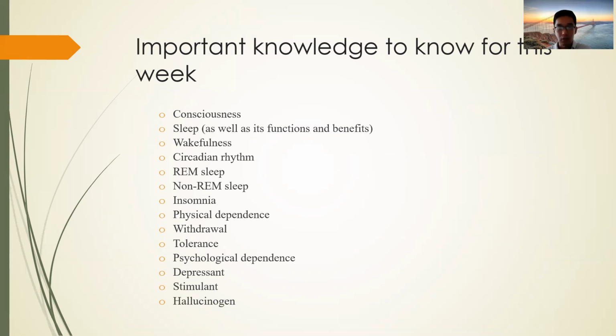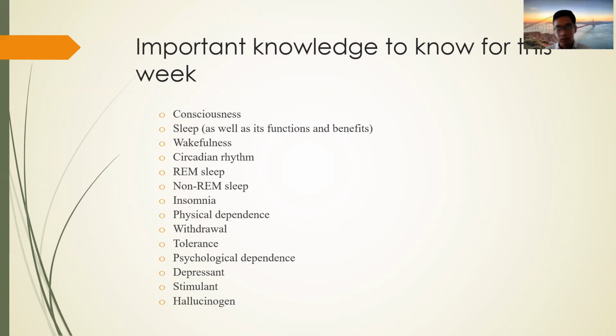We also need to know what sleep is, and the benefits or functions of sleep. And other concepts include wakefulness, circadian rhythm, REM sleep and non-REM sleep, which are the different stages of sleep. And there's insomnia, which is a sleep disorder.